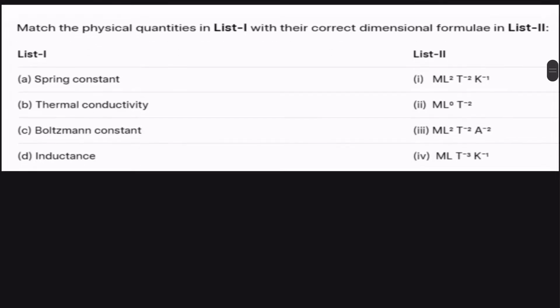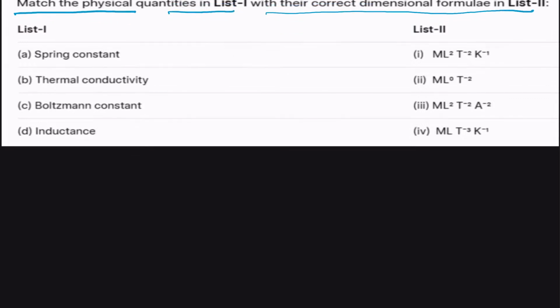So in this question, match the physical quantities of list 1 with their correct dimensional formula in list 2. So we are given physical quantities. First one is spring constant. Spring constant is our K, and for that we can use that F is equal to Kx.